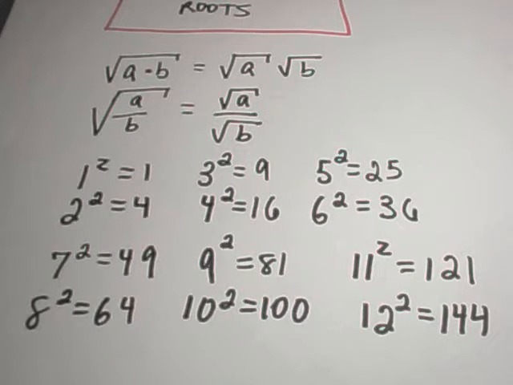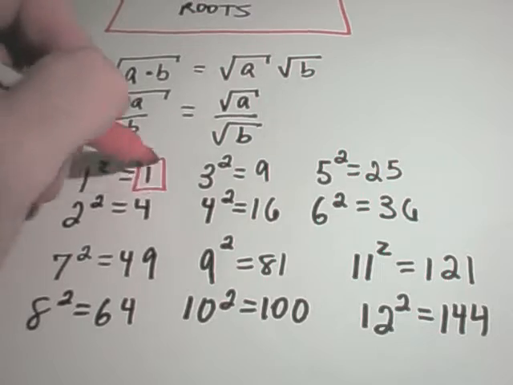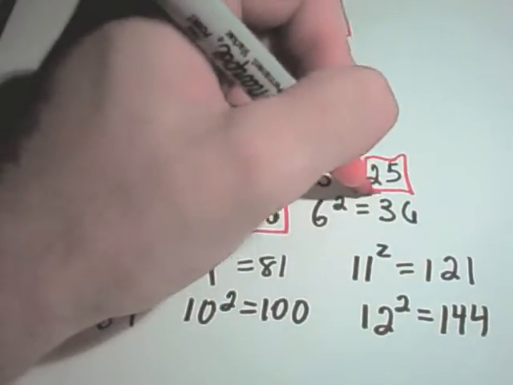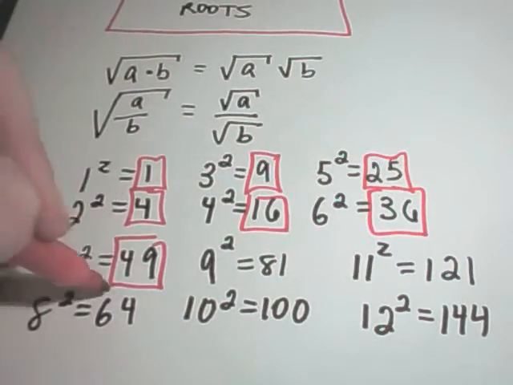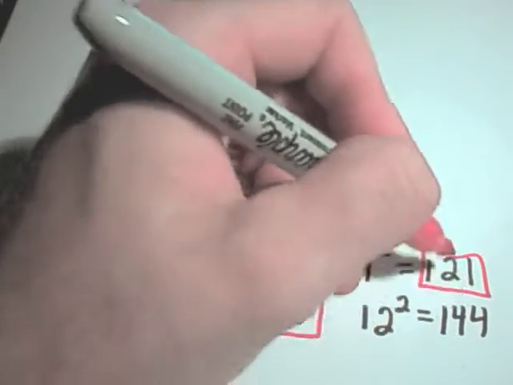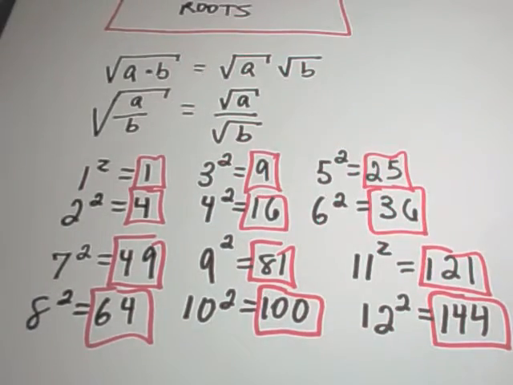These numbers are important to recognize because if you see those, you've got a perfect square. All of these numbers in red are numbers you're going to want to be familiar with. If you recognize these, it'll make doing a lot of these problems much easier.